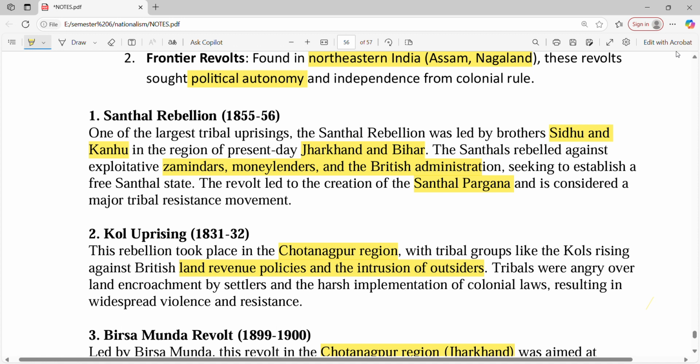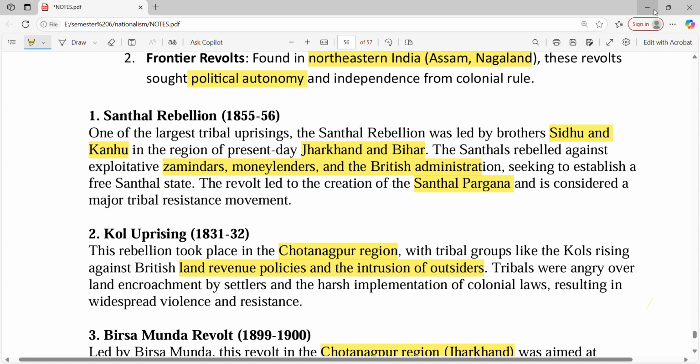The Shantals rebelled against exploitative zamindars, money lenders and the British administration. Under the leadership of Sidhu and Kanhu, 10,000 Shantals rose against these dreadful activities, pledged to establish a free Shantal state.